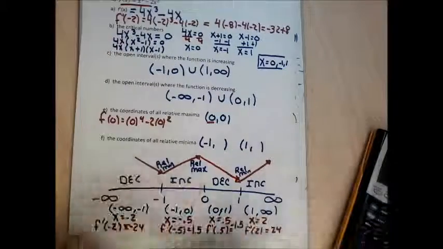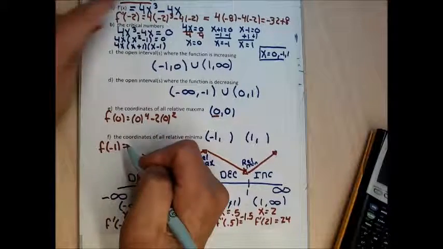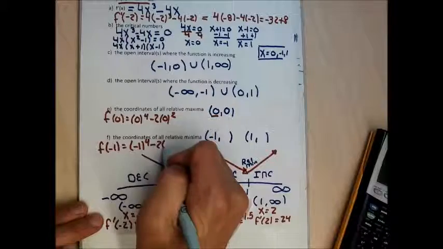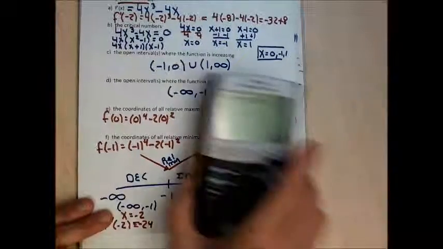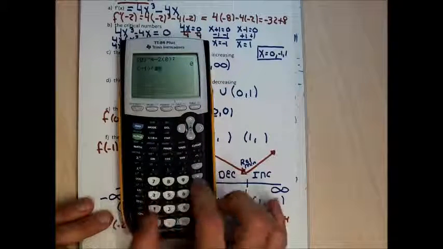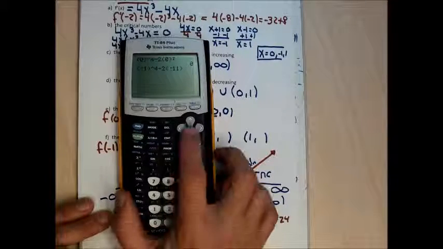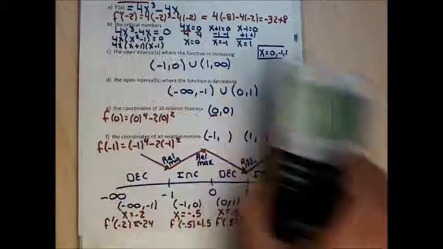Next computation I need is -1. I'm going to do f of -1. Using the original function, it's going to be -1 to the 4th minus 2 times -1 squared. I think that's -1, but I'm not sure. Let me do it here. -1 up arrow 4th minus 2 times -1 squared comes out to -1.